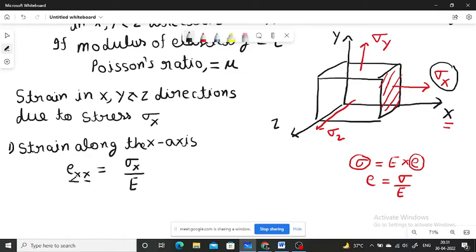Okay, so here strain due to the stress sigma x in x direction will be equal to sigma x upon E. This strain is longitudinal strain, because this strain is parallel to the stress, parallel to the direction of stress.